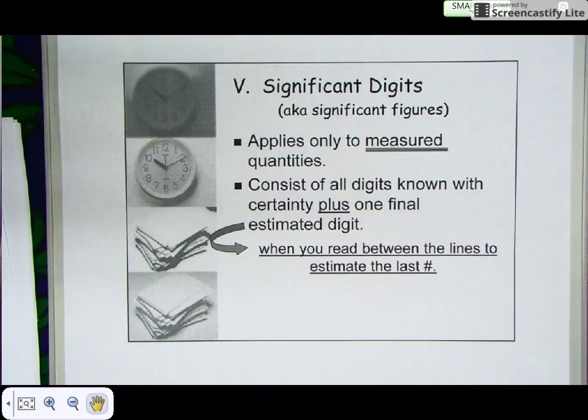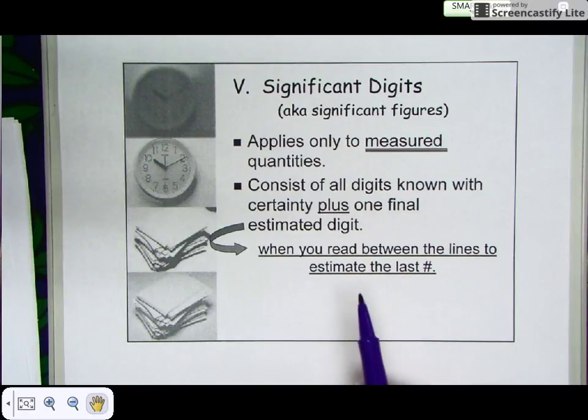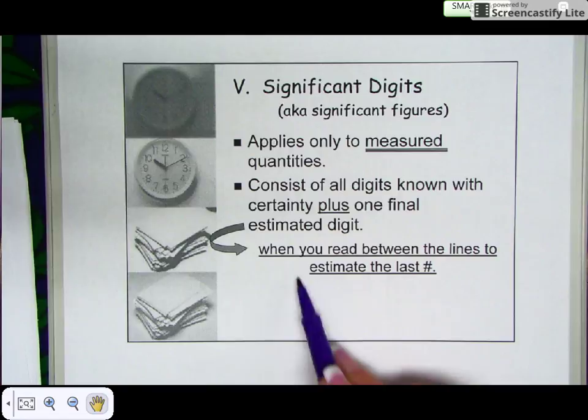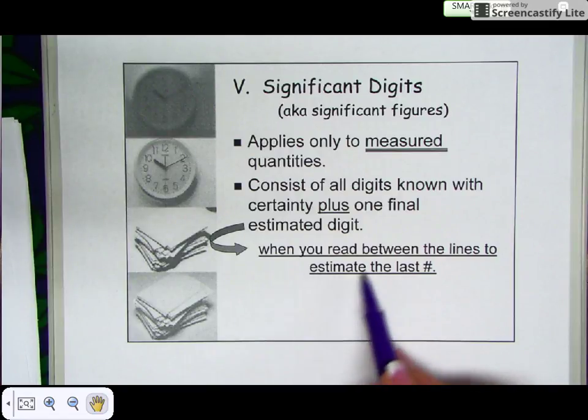You're estimating, reading between the lines. If your measuring device is marked off to the tenths place, you should always estimate it to the hundredths place. If it's marked off to the hundredths place, you should always estimate it to the thousandths place. You must read your measuring device one place further than it's actually marked off, and that's when you're reading between the lines. And since it's an estimation, there is uncertainty in that number.